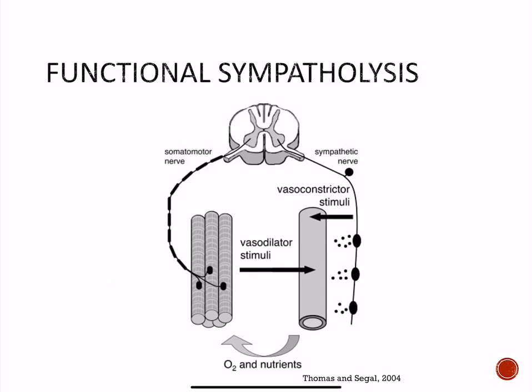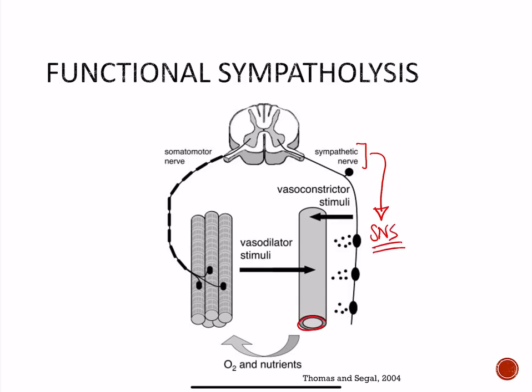The term for this is functional sympatholysis, meaning that local factors such as carbon dioxide and adenosine and lactate and potassium override the vasoconstrictor signal that the sympathetic nervous system is giving. Okay, so here's your sympathetic nerve. The brain is saying SNS, vasoconstrict, vasoconstrict.